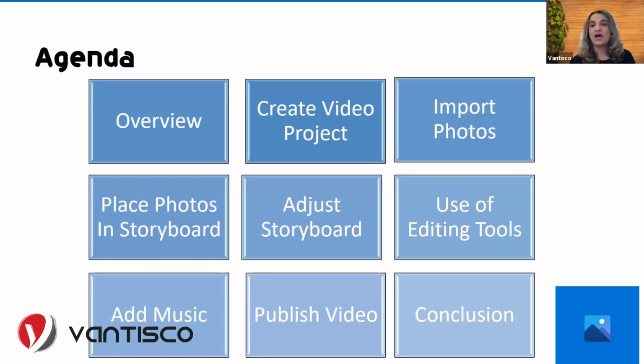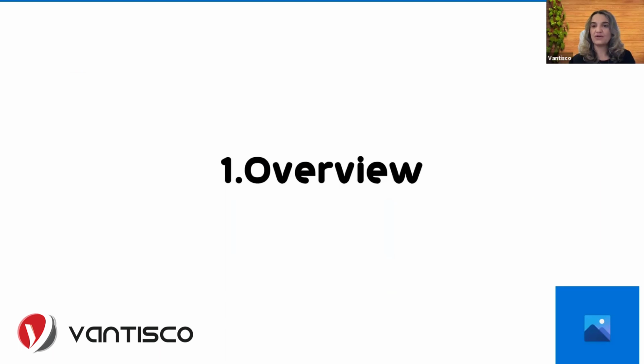We're going to learn how to use different types of editing effects, such as text, 3D objects, filters, and others. Also, we're going to add background music. We'll see how to publish the video, and at the end, I will show the educators how to upload this learning artifact to OneDrive and how to share it in the nomination questions sheet. So let's start now with an overview.